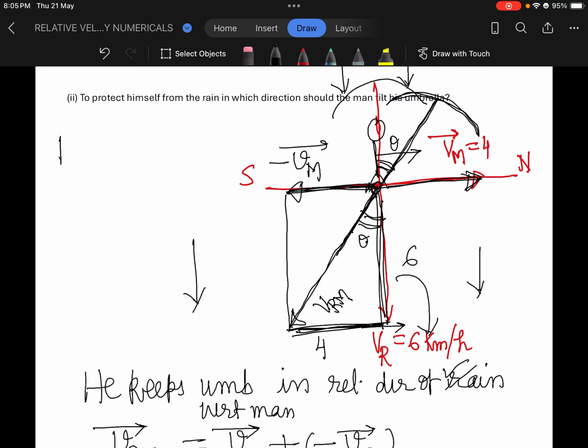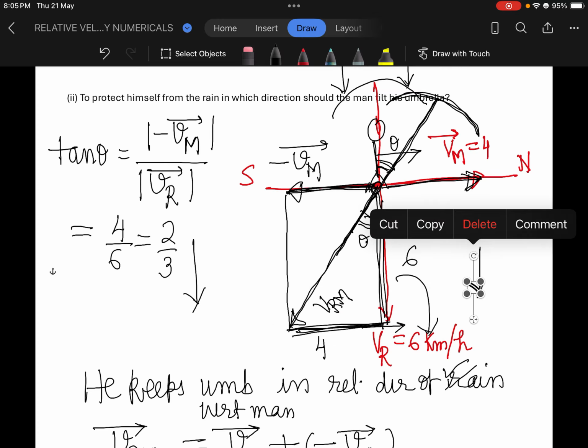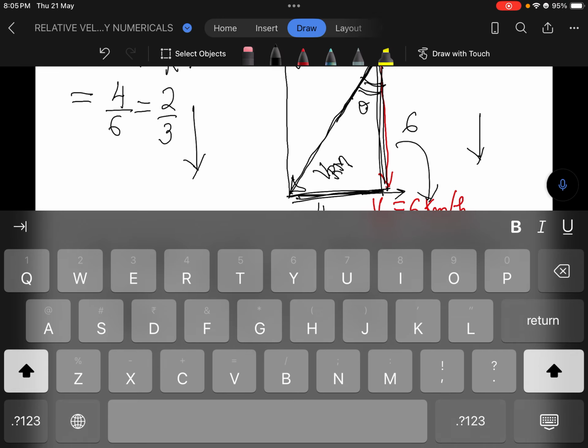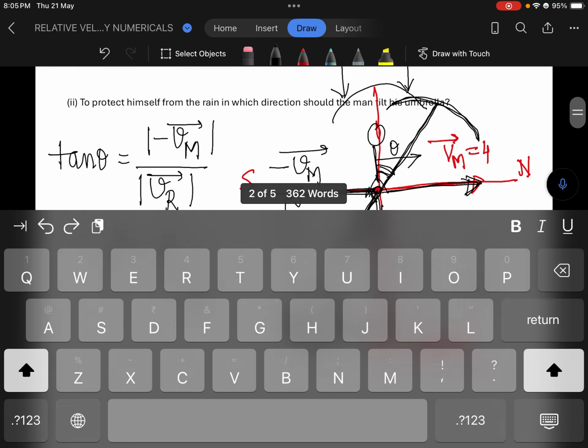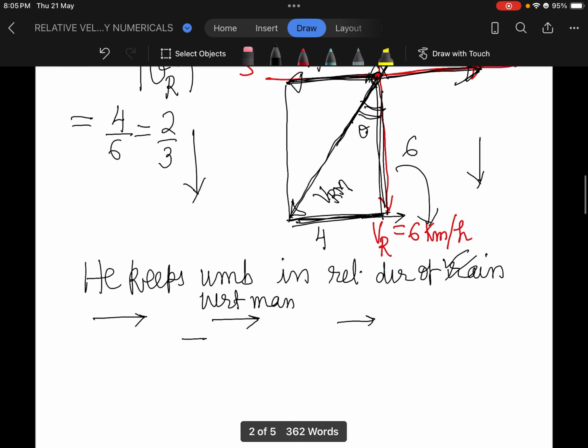So tan theta will be equal to the magnitude of negative vector Vm divided by the magnitude of vector Vr, that is 4 upon 6, which equals 2 upon 3. So in what direction should he tilt the umbrella? At an angle theta from vertical towards north.